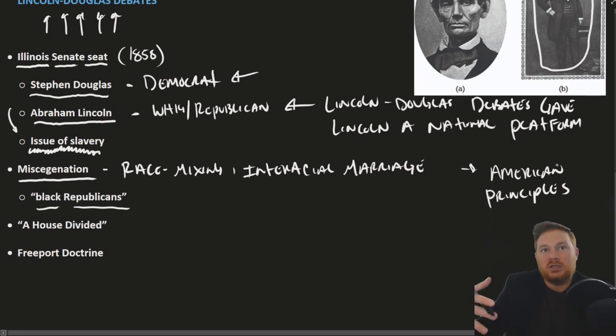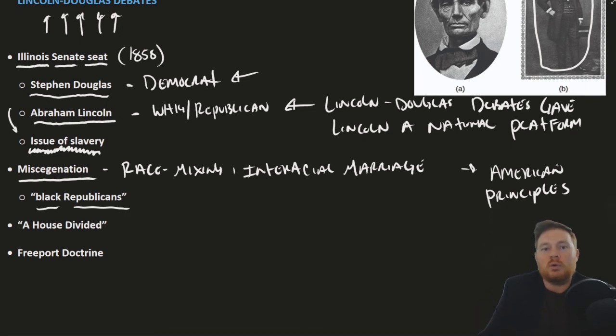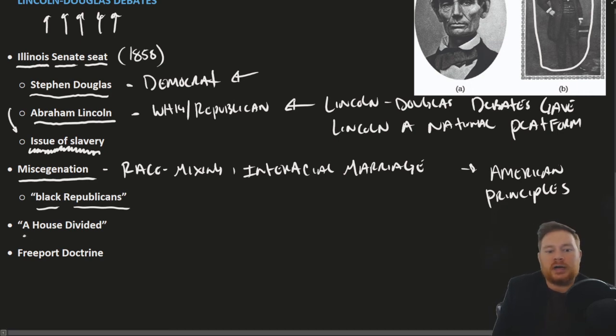Lincoln was a little bit more of a moderate on this particular issue, still claiming at this point that he had no intention of ending slavery where it existed, only preventing it from spreading any further. But perhaps the most famous speech Lincoln gave during these debates is called the House Divided speech, and it eerily foreshadowed what happened in the future.